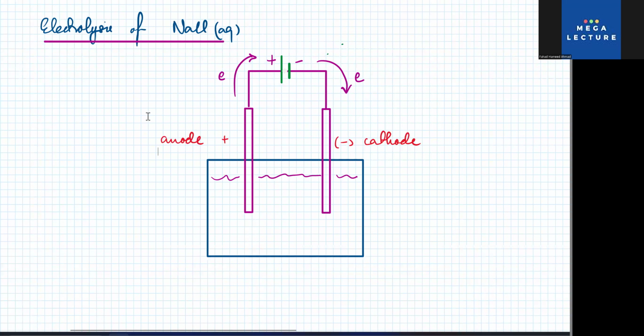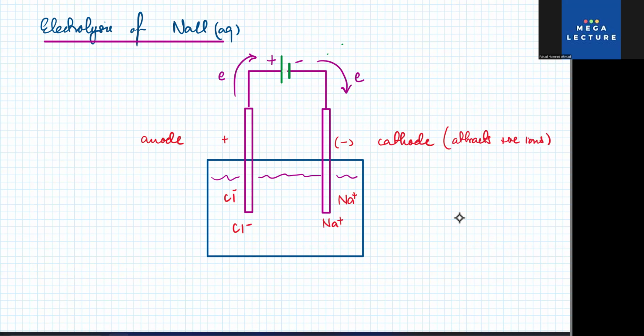So Na plus is going to get attracted to the cathode because it's negatively charged, and Cl minus is going to get attracted to my anode because it's positively charged. So the cathode attracts positive ions.